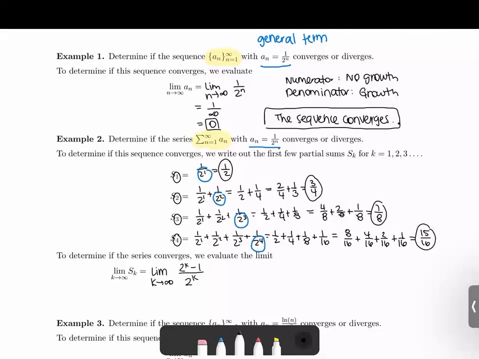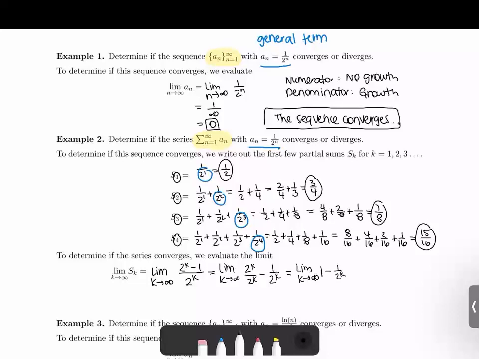So now we're going to evaluate this limit. And what I'm going to do is I'm going to simplify this expression as 2 to the k over 2 to the k minus 1 over 2 to the k. And then I'm going to simplify that first fraction as 1 minus 1 over 2 to the k.